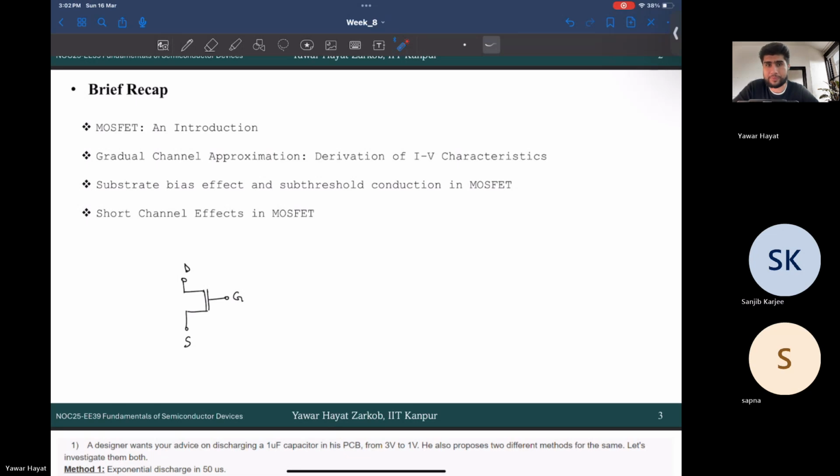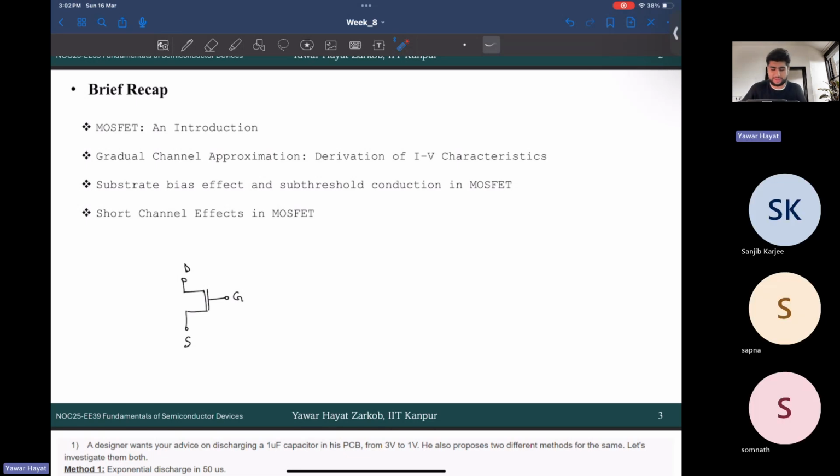Okay, so please answer it. Is a MOSFET a symmetrical device? I mean, you can compare it with this, right? You also read about diode, right? PN diode.